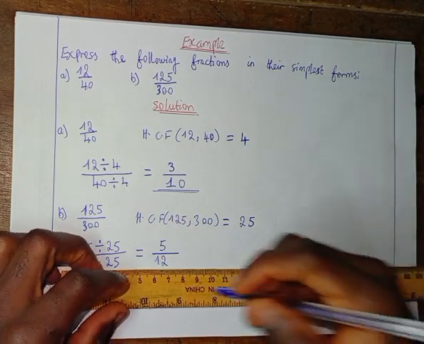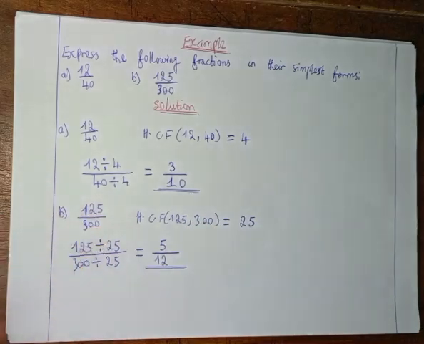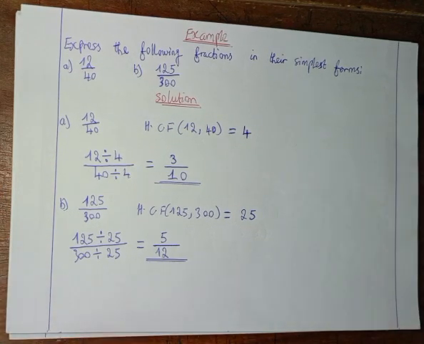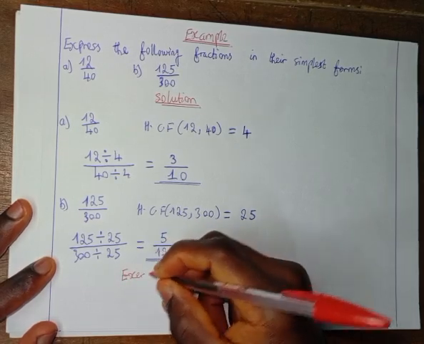Therefore, 5 over 12 is the simplest form of the fraction 125 over 300. We end by taking exercises for application.